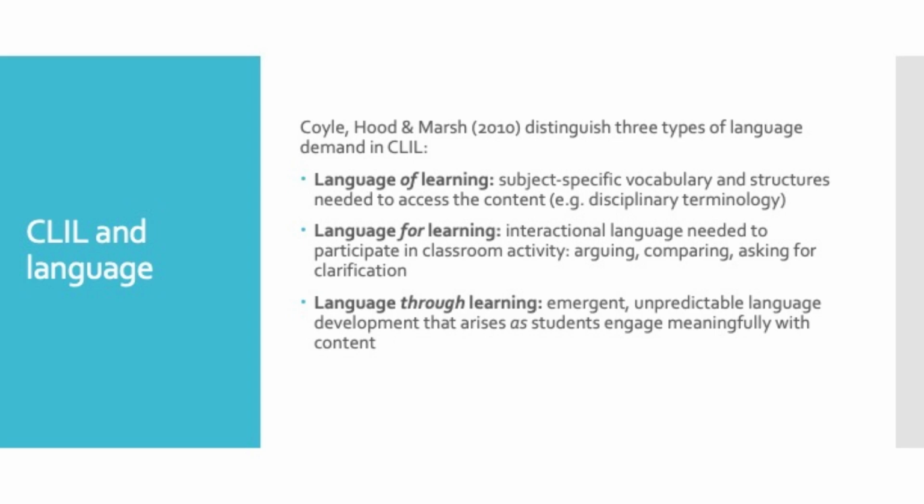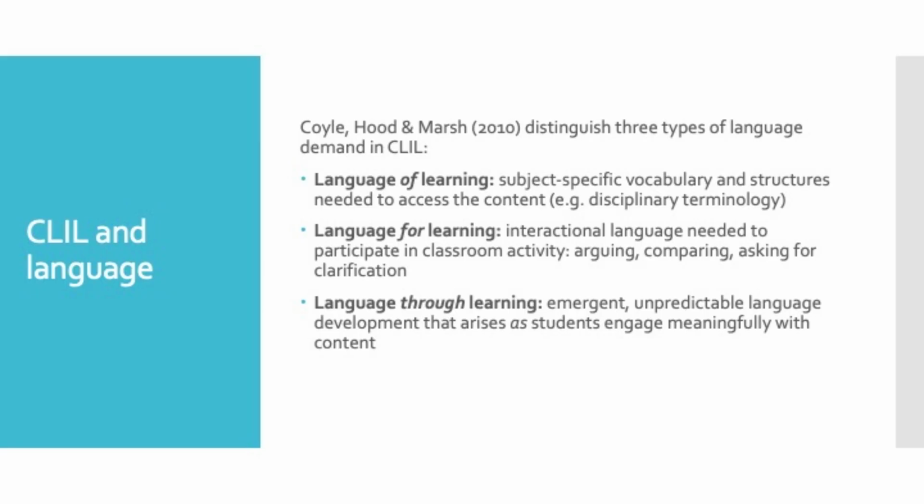The third layer, language through learning, is where things get theoretically interesting. This is the emergent, unpredictable language development that arises as a student engages deeply with content. The claim is that when students are cognitively challenged by meaningful material, language acquisition happens as a byproduct of this engagement.